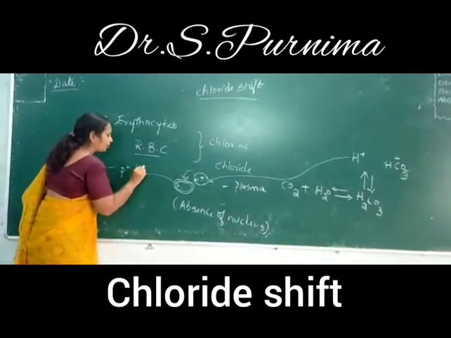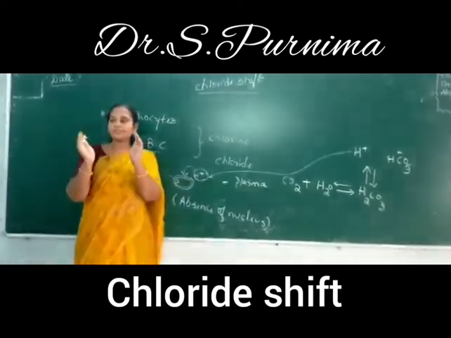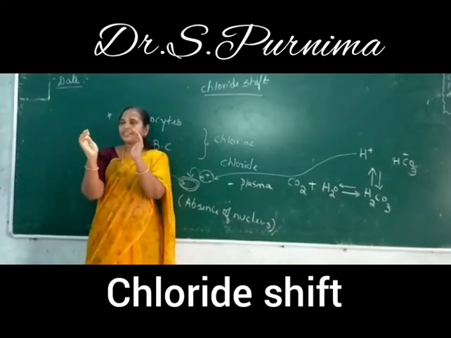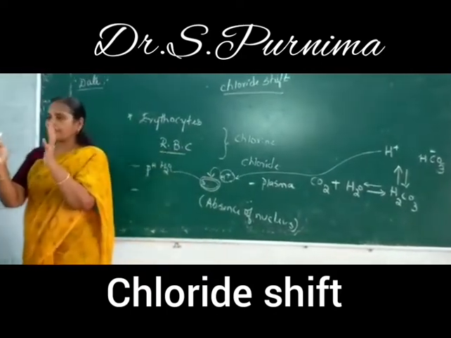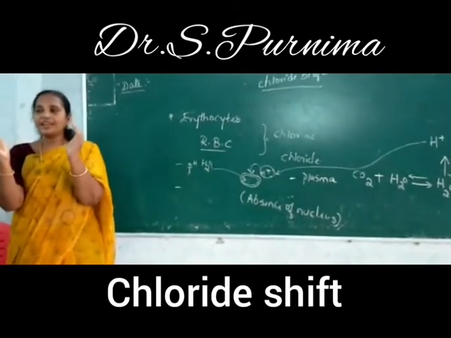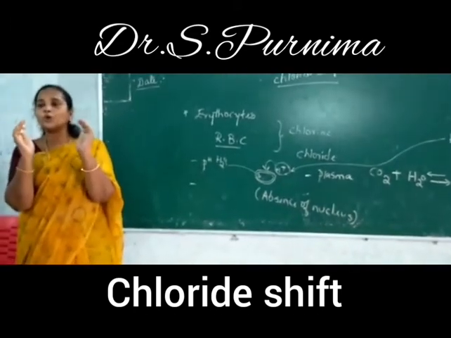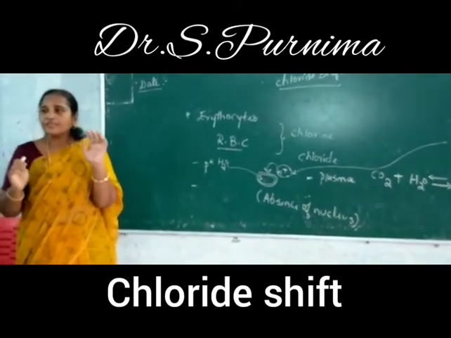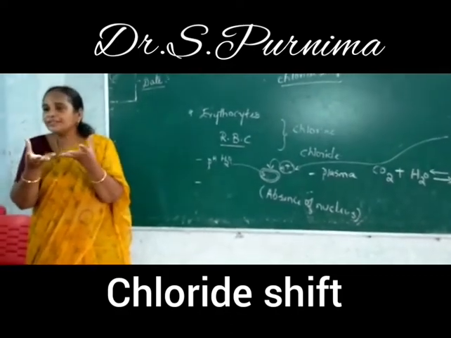H2O is also coming in. So at this particular juncture, you will see that the RBC is swelling up. That means it increases in size compared to its normal size. So there is every possibility that it starts bursting.